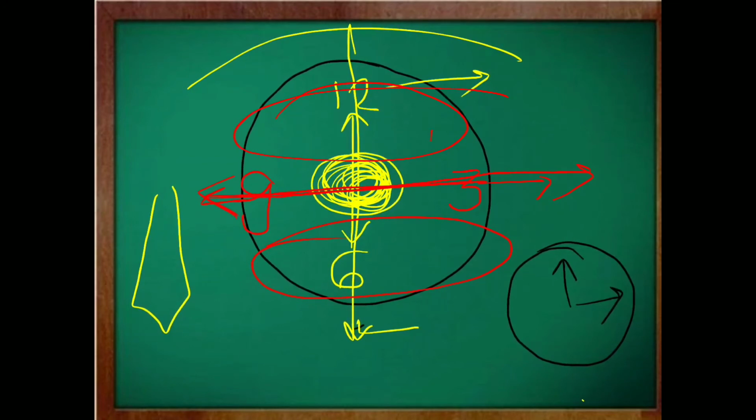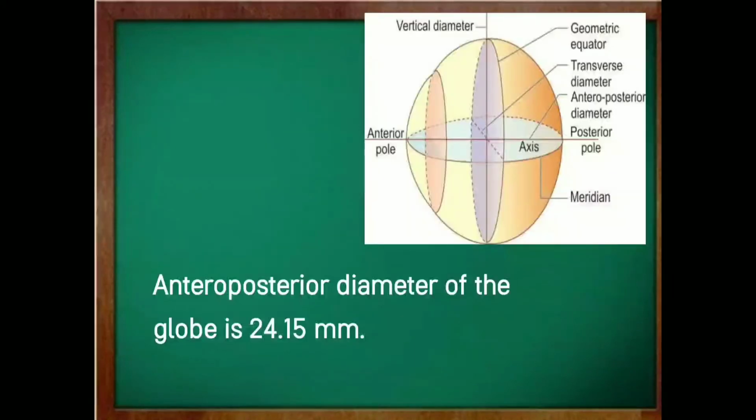A line passing from 3 o'clock to 9 o'clock is dividing the globe into superior and inferior and is called the horizontal meridian, and a line passing from 6 o'clock to 12 o'clock is dividing the globe into two halves, a nasal half and a temporal half, and this is called the vertical meridian of the eye. So let's start talking about the normal ocular dimensions.